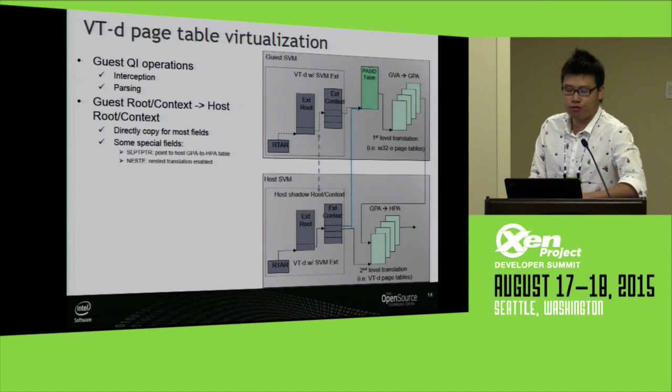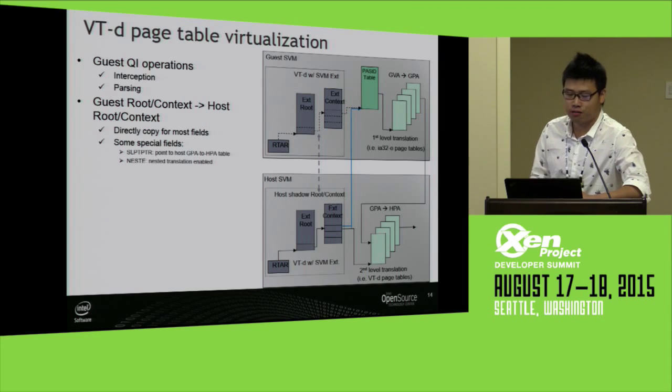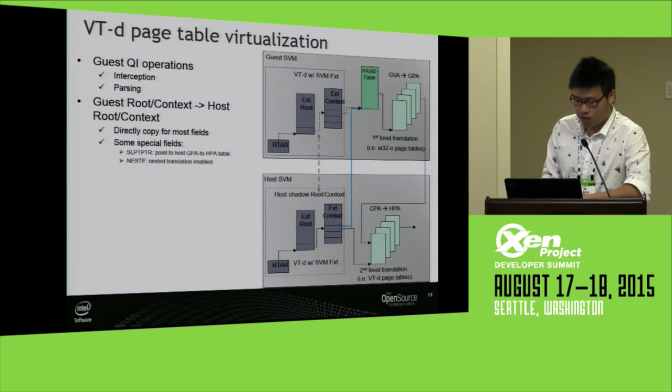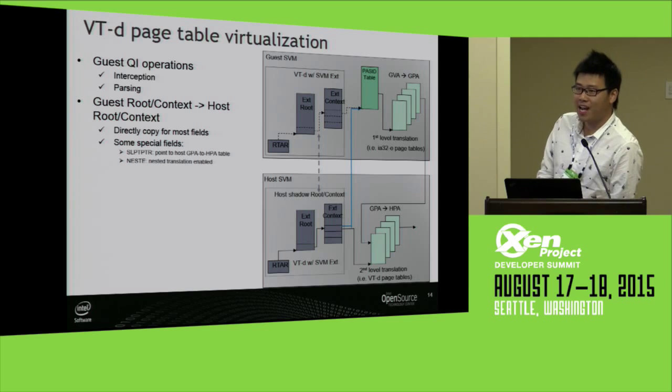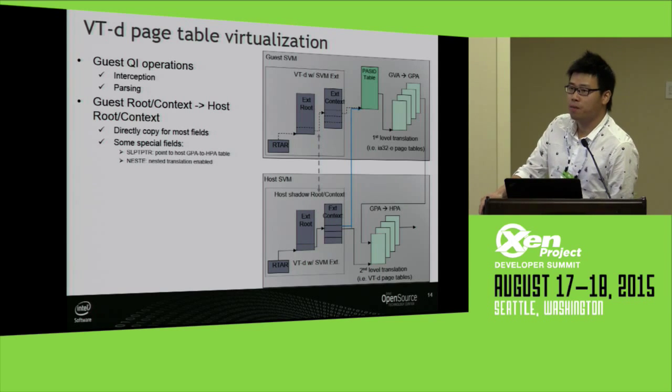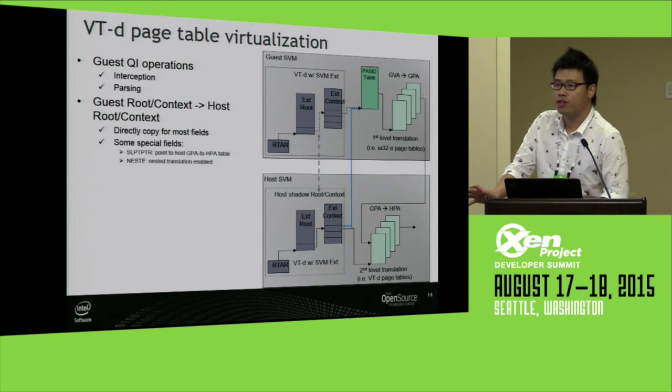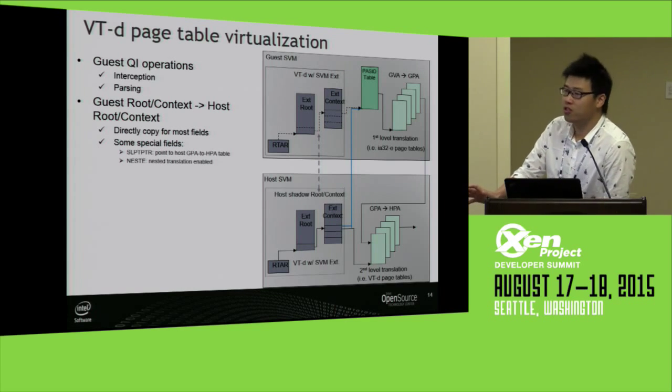Okay, these slides show the VTD page table virtualization. Basically, it includes the shadowing I mentioned before. As I mentioned, we need to expose the CM as 1 to the guest. So each time the guest updates the extended root entry or the extended context entry, it leads to explicit invalidation of the caches.